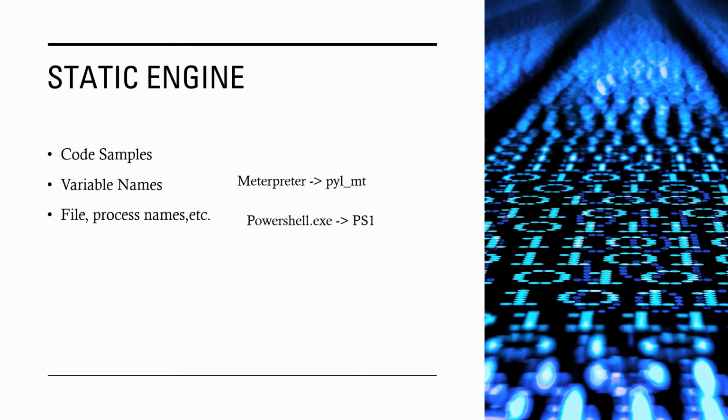The static engine is easy to understand. It actually searches for strings, names, code samples, variable names, file names, or process names, etc. You can see some examples. The interpreter name may be changed to bypass the static engine, to PYL MT, or whatever name you want to use for that.